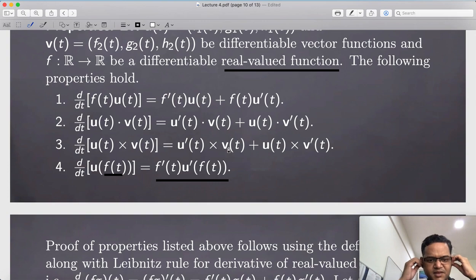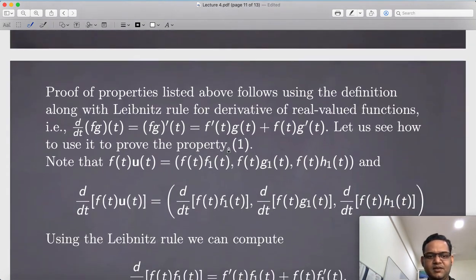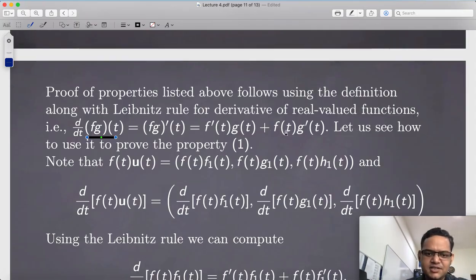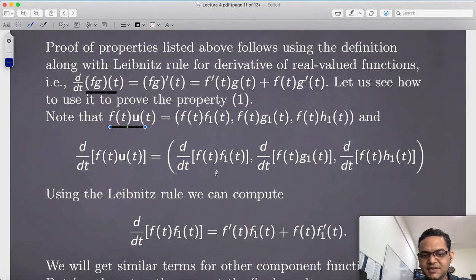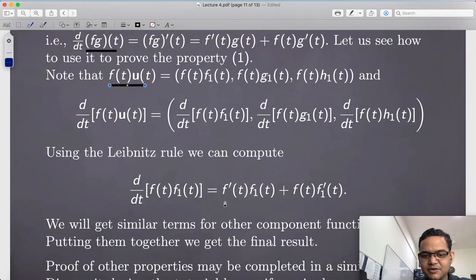All right, now let me just give you the proof of one, because all the proofs are essentially the same idea. What we need all the time in order to prove this is that if I have two functions and I take their product, the derivative satisfies the product rule, or the Leibniz rule. In the case of the first one, f times u is, in terms of components, this, because for derivative, for limit, for continuity, all we need is to go to the components. Now you need to compute the derivative of each of these. When I compute the derivative, I will just write it for one, and I get this.